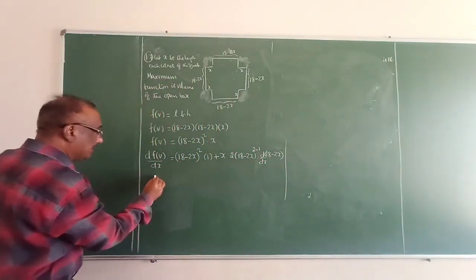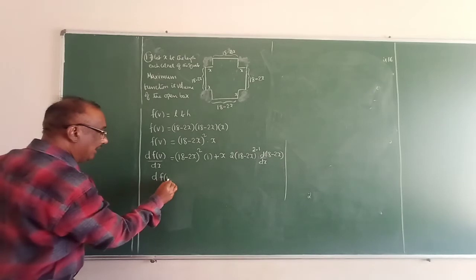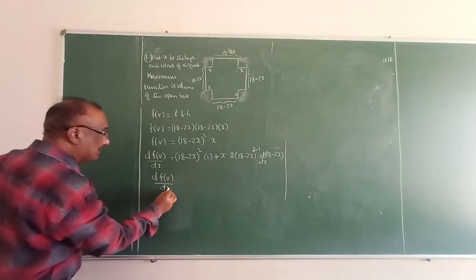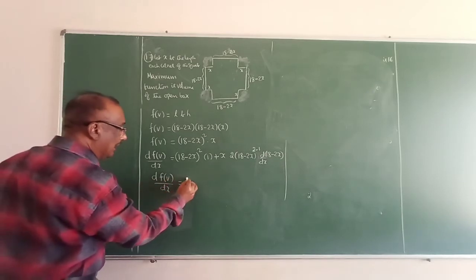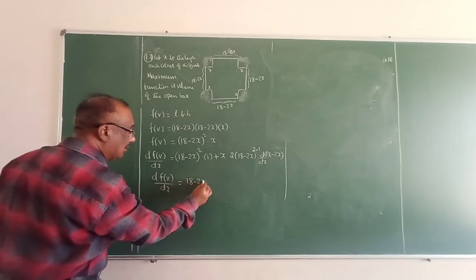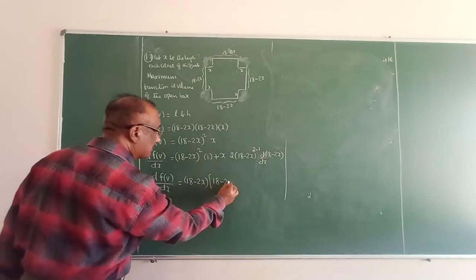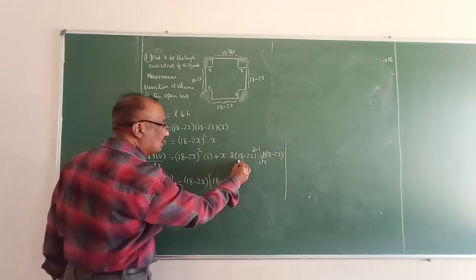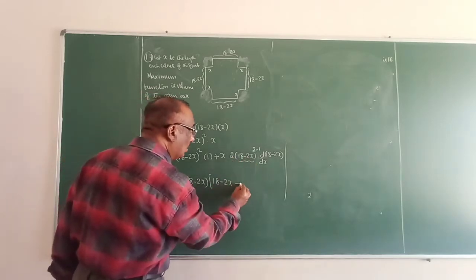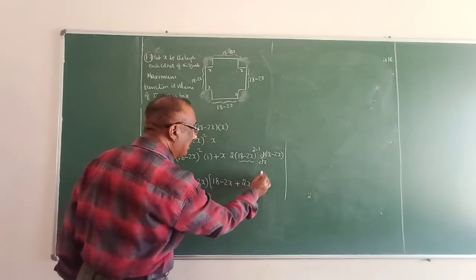So f dash, the derivative of f of b with respect to x, is equal to 18 minus 2x. Here 18 minus 2x is common. Here is the 2x, here is the minus 2.